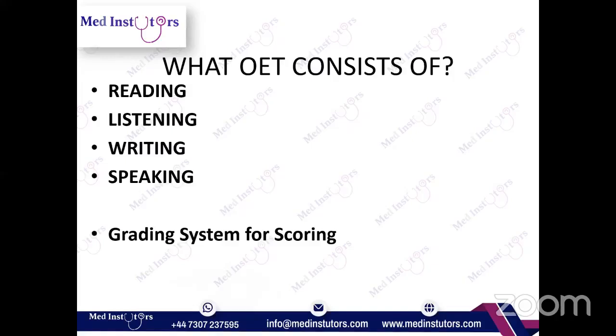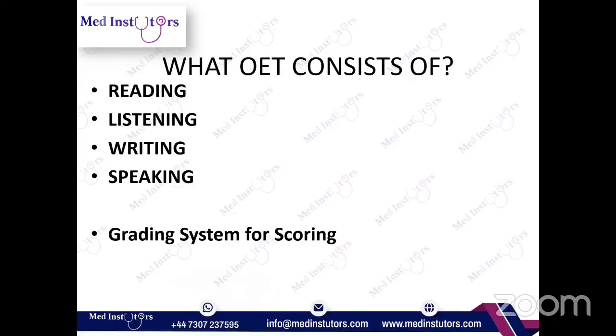So to pass the exam, you will have to score a B grade in all of the subtests. If you are able to score a B grade in three of the subtests and not in one of the subtests, you will be declared unsuccessful in the OET.